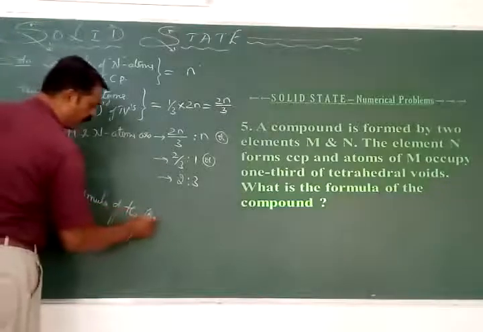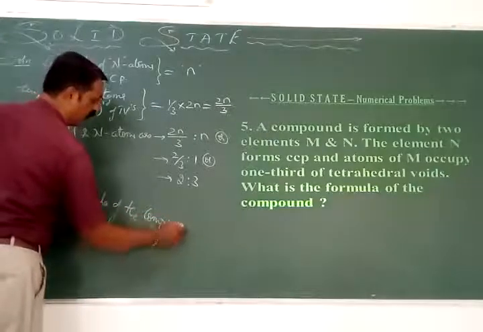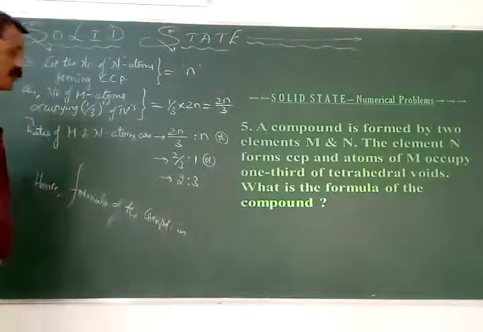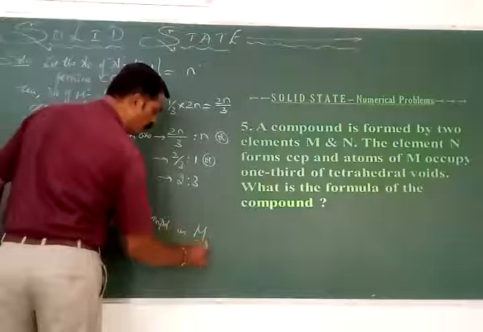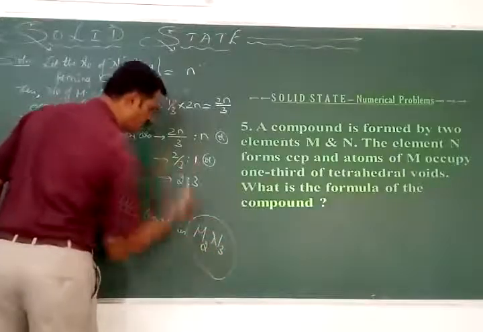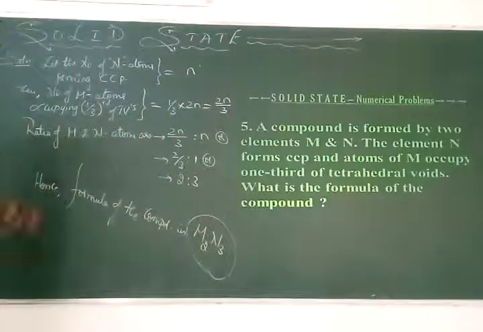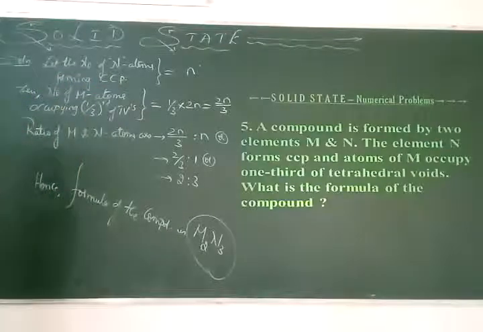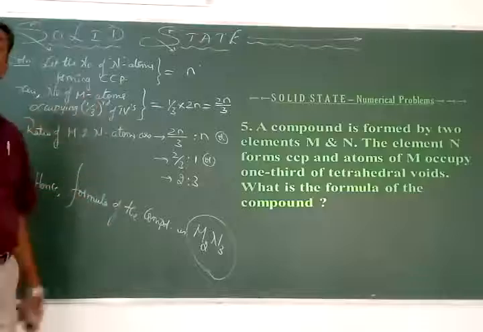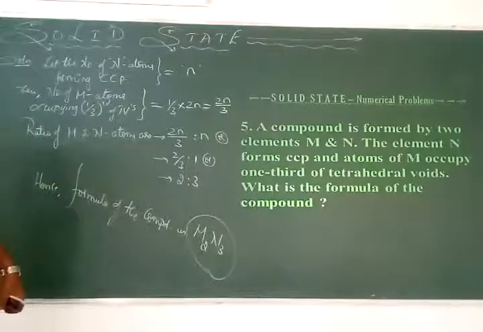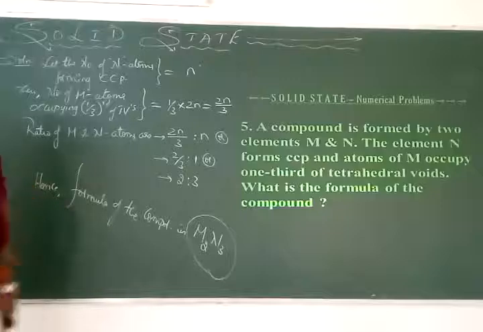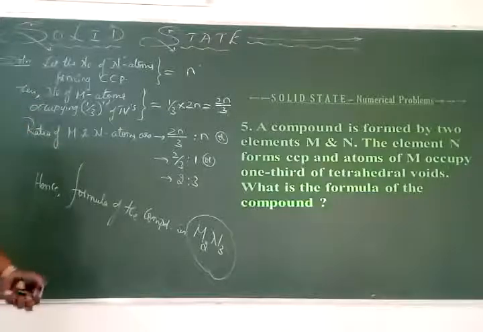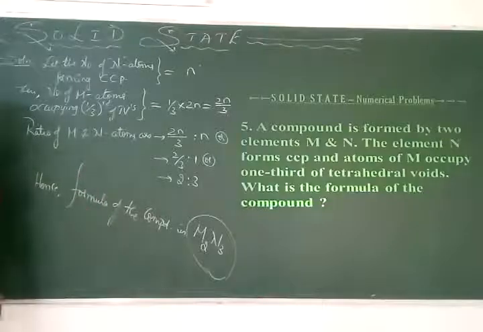M and N are there in the ratio of 2 is to 3. Therefore, it is M2N3. This is the formula of the compound where the N atoms are forming the CCP, cubic close packing arrangement, whereas the M atoms are occupying only 1/3 of the tetrahedral voids. That is why it is in the ratio of 2 is to 3 finally. Hence, the formula of the compound is M2N3. Okay, so that is numerical number 5.